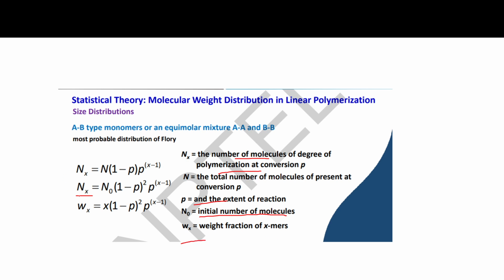So sometimes, if the conversion is given for condensation polymerization, we can easily calculate its mole fraction, or its weight fraction, if you know this x value and the percentage of conversion.